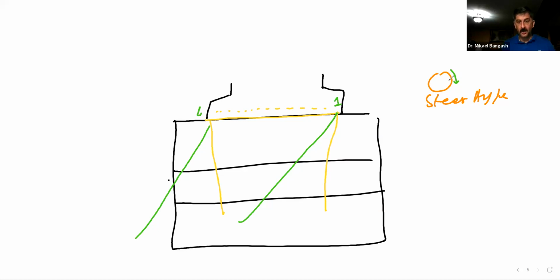So us turning this knob sends a message to the electronics of the system, telling it we need you to electronically steer the beam here. And that's how, electronically speaking, the beam is now being steered in this direction.